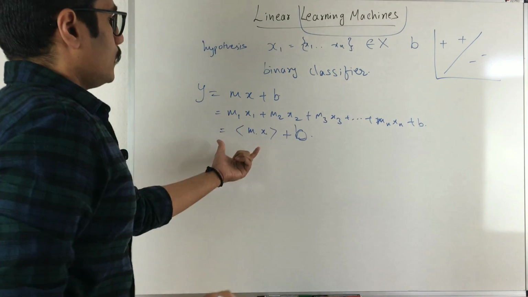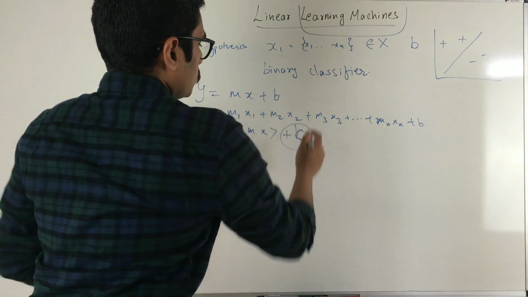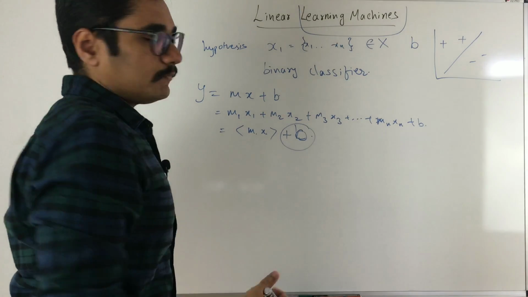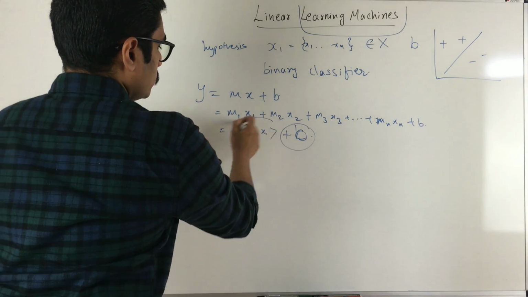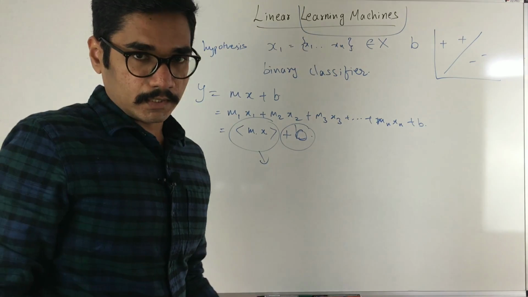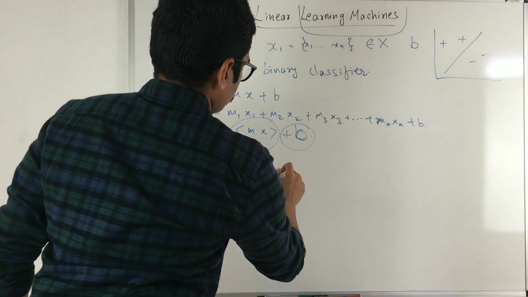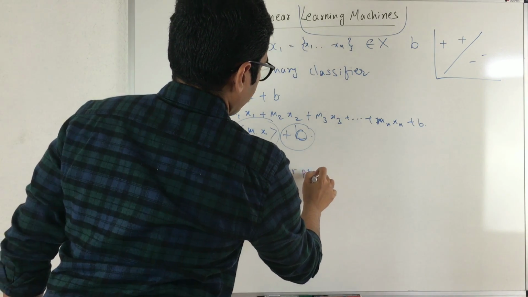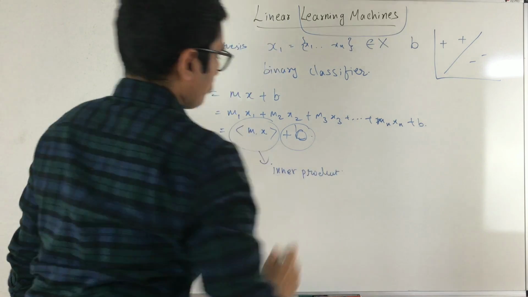This remains constant throughout all the problems that we'll solve, but essentially this thing is of interest. We are interested in knowing what our inner product is. This is our inner dot product.